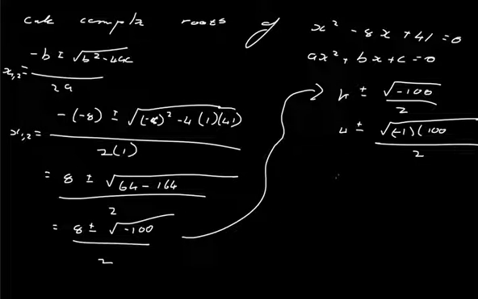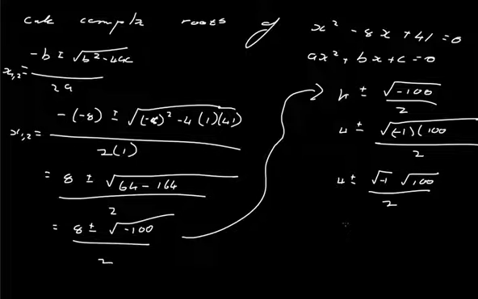Don't forget that. 4 plus or minus square root of minus 1 times square root of 100 over 2. The square root of minus 1 is j. The square root of 100 is 10 over 2, which is 4 plus or minus j5.